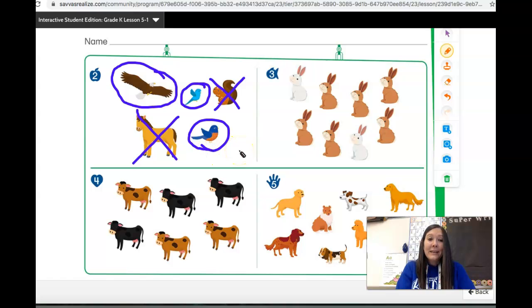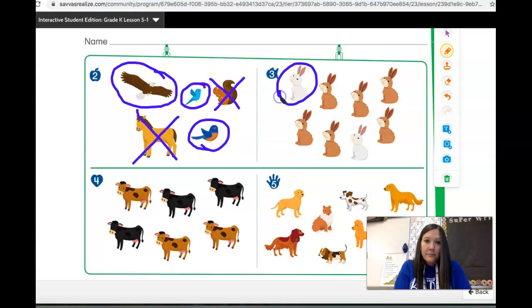We just sorted or categorized, classified, there's lots of words we could use, these animals into 2 groups. Animals that have wings and animals that do not have wings. Let's do number 3, fish. And let's draw a circle around the rabbits that are white and mark an X on the rabbits that are not white. All right, here's a white rabbit.